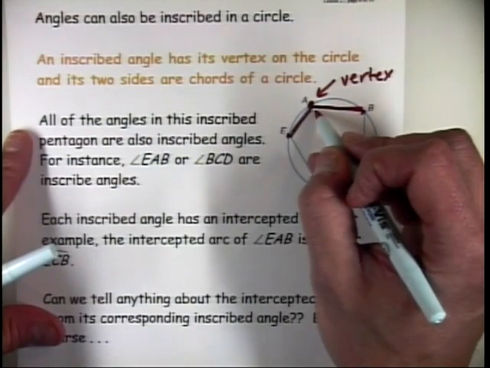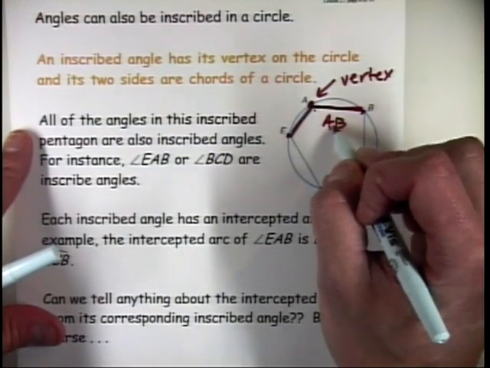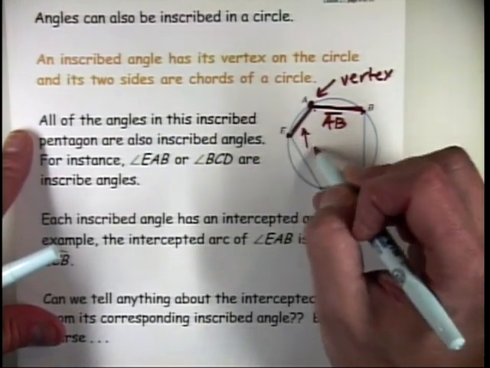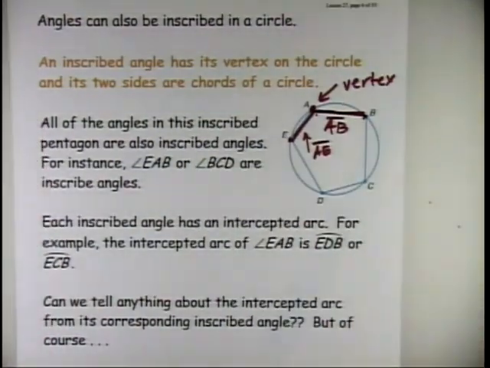So we have chord AB right here, which is a line segment, and then right here we have chord AE. So that would be an inscribed angle. So it's kind of a component or a part of the inscribed polygon, but we can look at them separately.